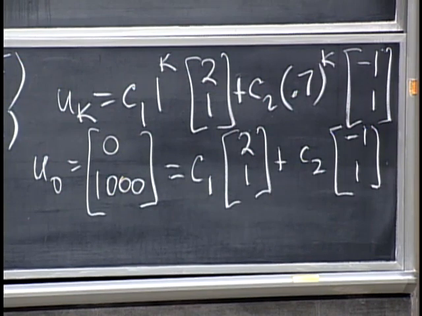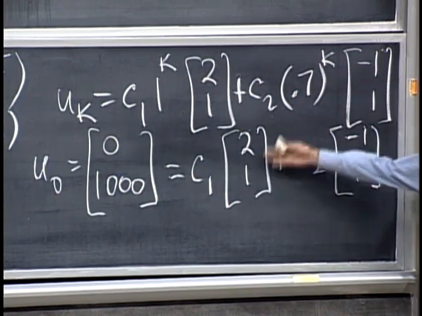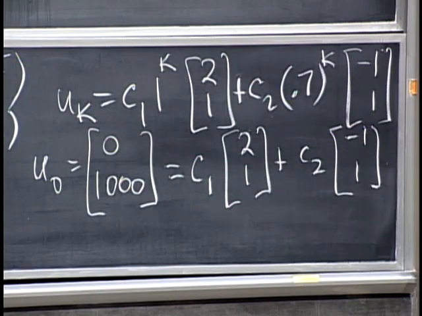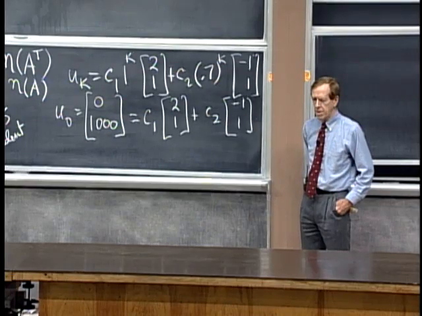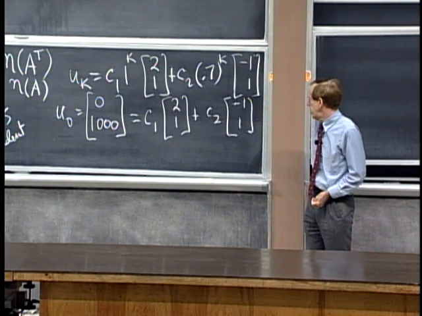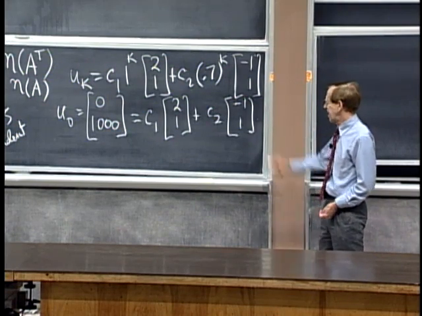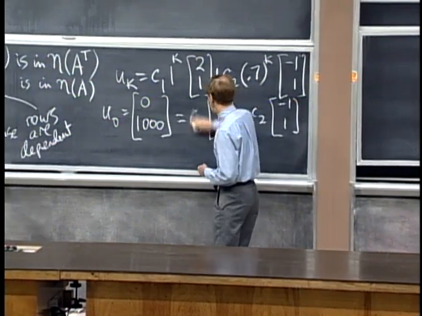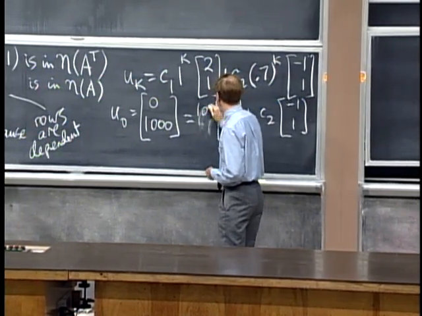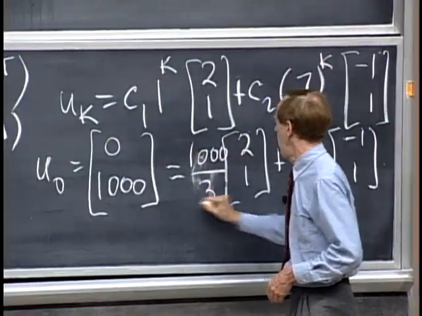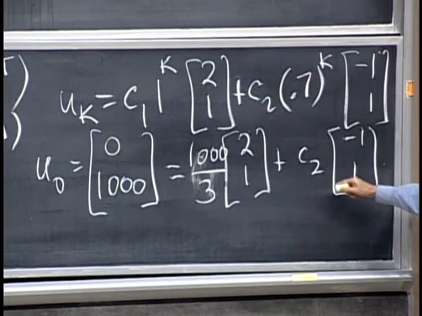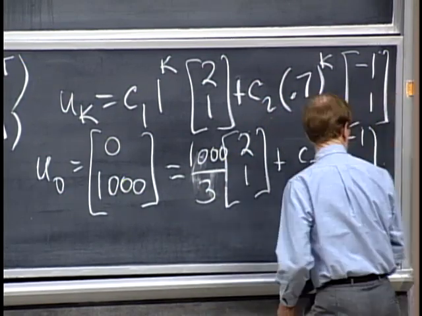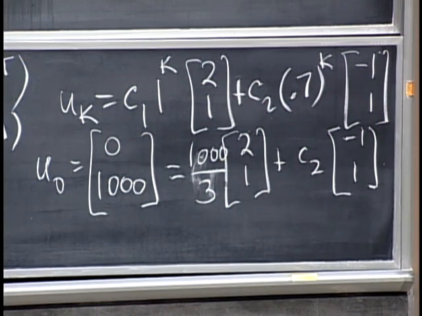Two equations, two constants, certainly independent eigenvectors. So there's a solution, and do you see what it is? We already figured that c1 was 1,000 over 3. And maybe c2 would be, excuse me, get an eraser.